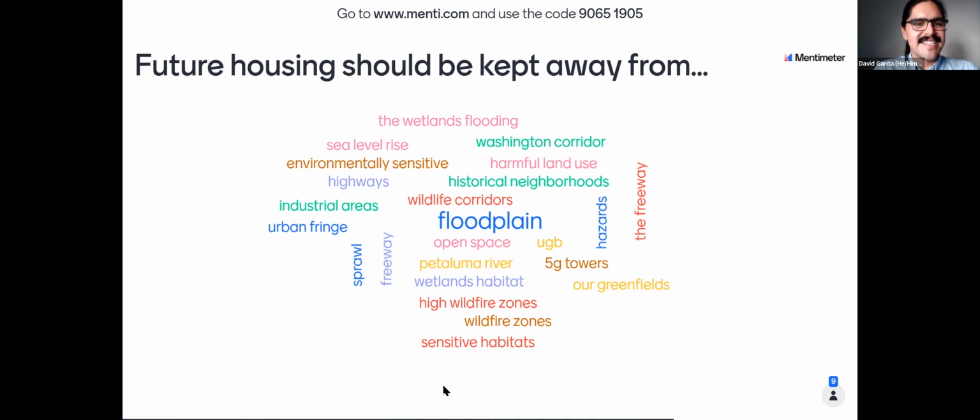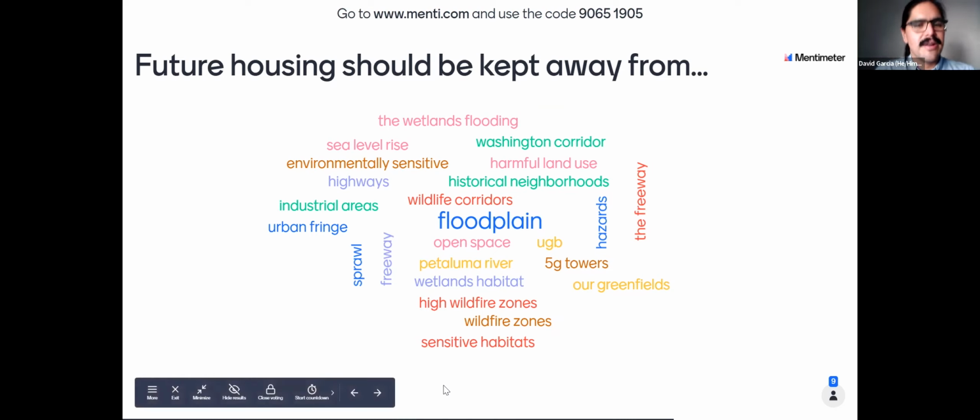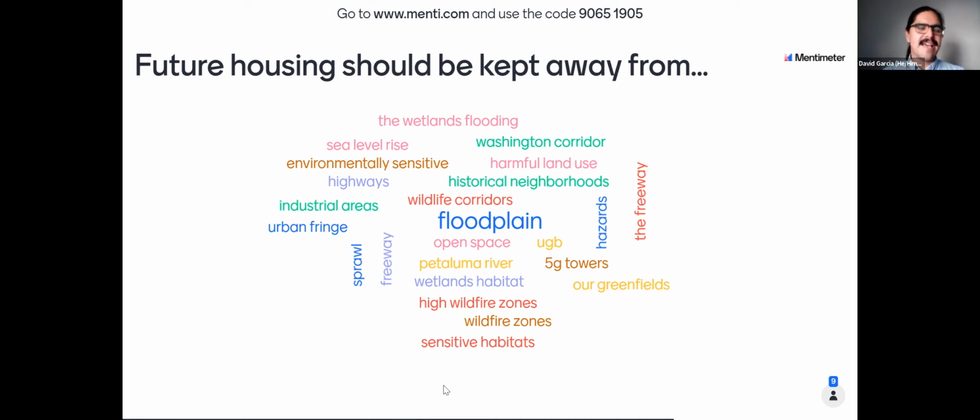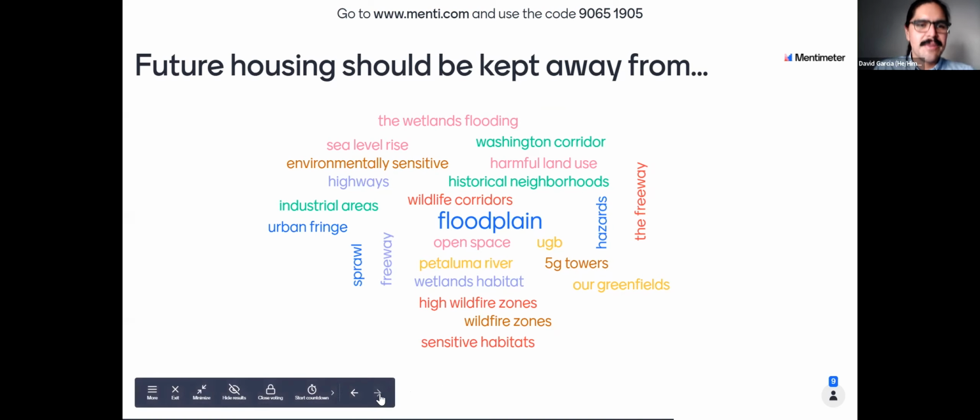Making note that we want to stay out of our green fields and other areas where other plants and animals inhabit. Excellent. Thank you so much for this input.